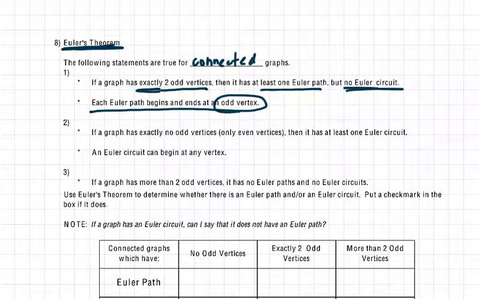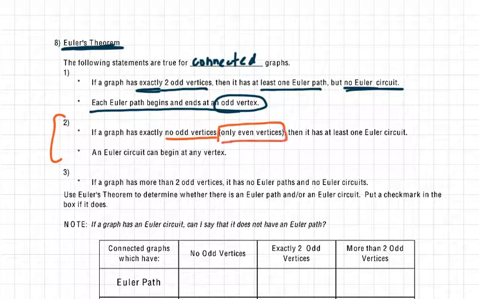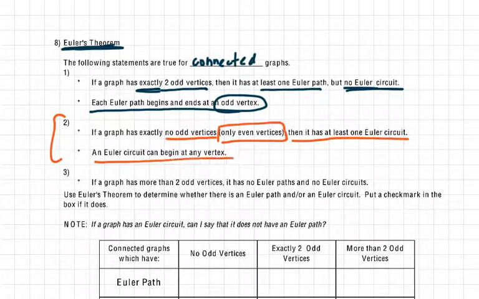The second part of Euler's theorem states that if a graph has exactly no odd vertices, which means it would only have even vertices, then it has at least one Euler circuit. An Euler circuit can begin at any vertex.